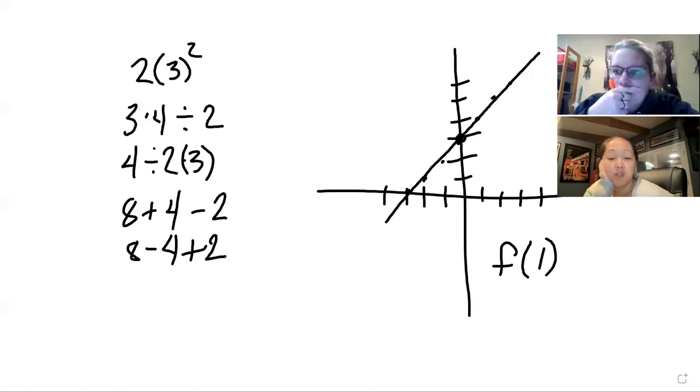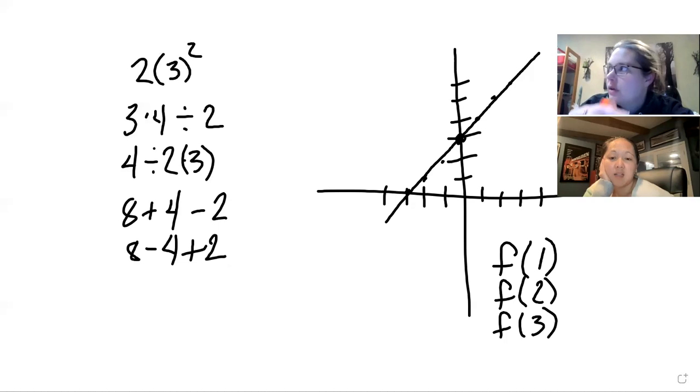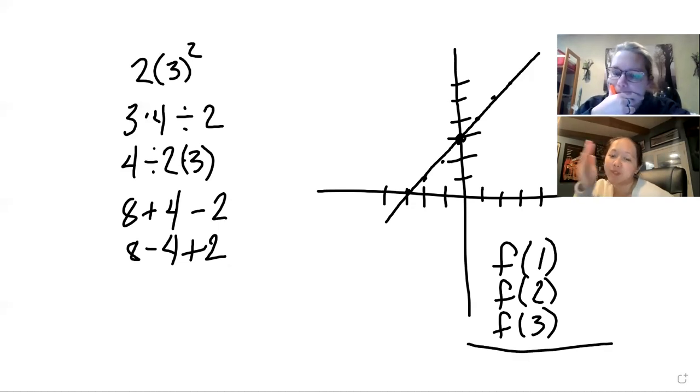You can literally go 1, 2, 3, so they can see their pattern. And then we can say, okay, now using what you know, can you do f of 12? I like to give something that they can't just follow on the graph. If he did 6, they could easily just follow the graph. So if we went to f of 12.